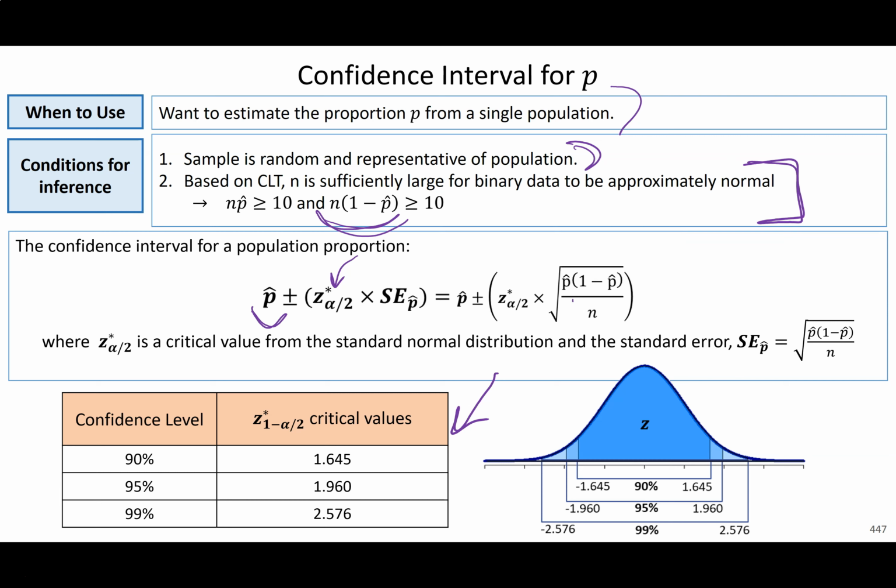So plug everything in there and you'll have your confidence interval for P. Remember, proportions don't have units. So when you put your confidence interval together, you shouldn't have units if you're doing a confidence interval for a proportion.